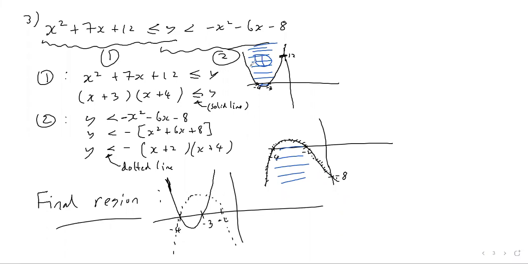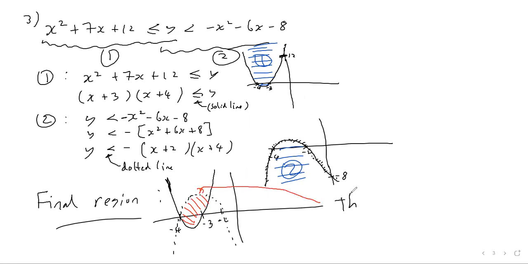So we've got our 2 regions. That's obviously region 2 here as well. So where do the 2 regions intersect? In other words, where is the y coordinate between this graph and also between this graph? Well, clearly it's going to be this middle intersection region here. So let's just make a note of this.